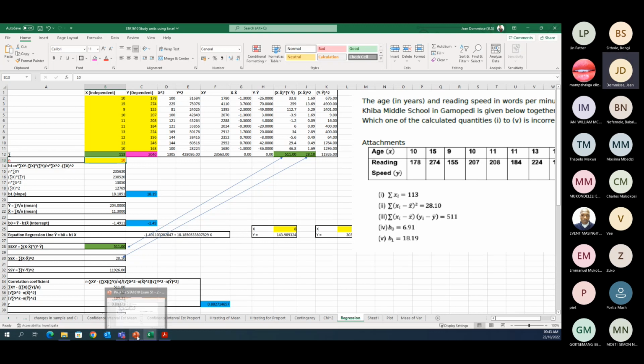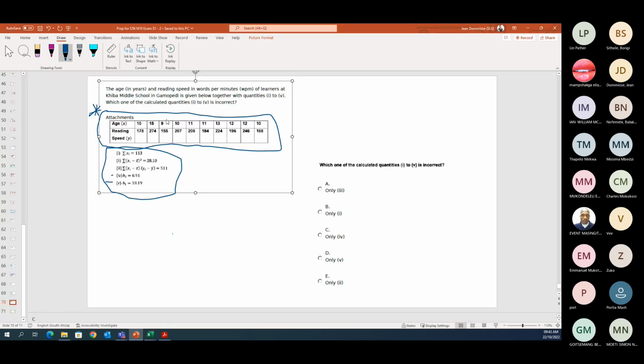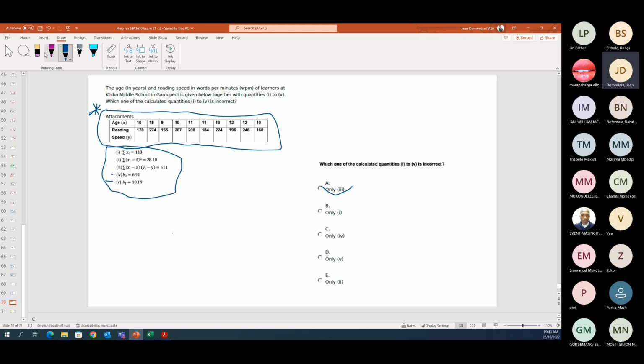So at least we know that one is correct. We're looking for the incorrect one, so that one is not incorrect. So we can take that out.